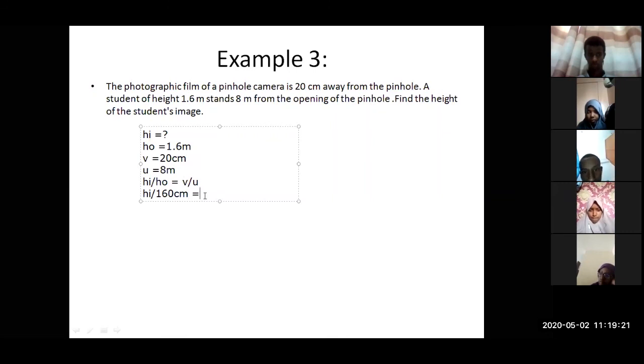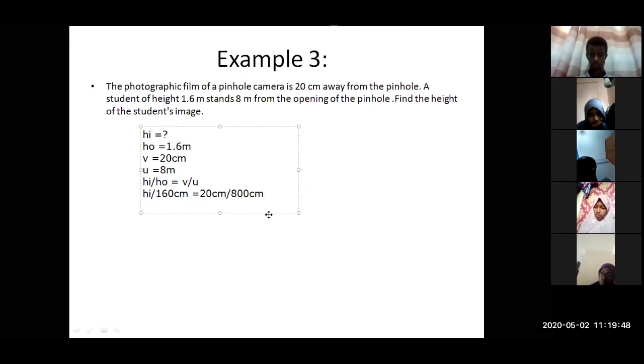Then HI/160 should be equal to our V. Our V is 20 centimeters. And then it's over our U. Our U is 8 meters, which is 800 centimeters.